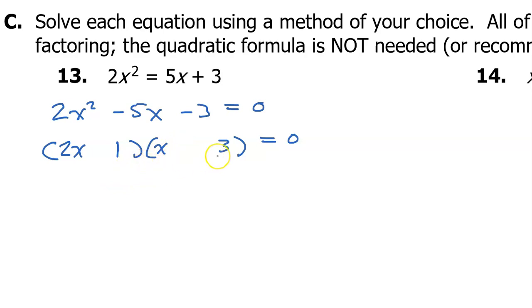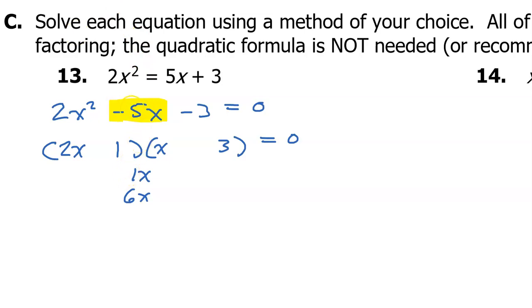But I think to myself the following phrase: inner plus outer equals middle. What I mean by that is inner we have the 1x, outer we have 6x. We're multiplying here, so we have 1x and 6x. Together this has to equal the middle term, which is the negative 5x.